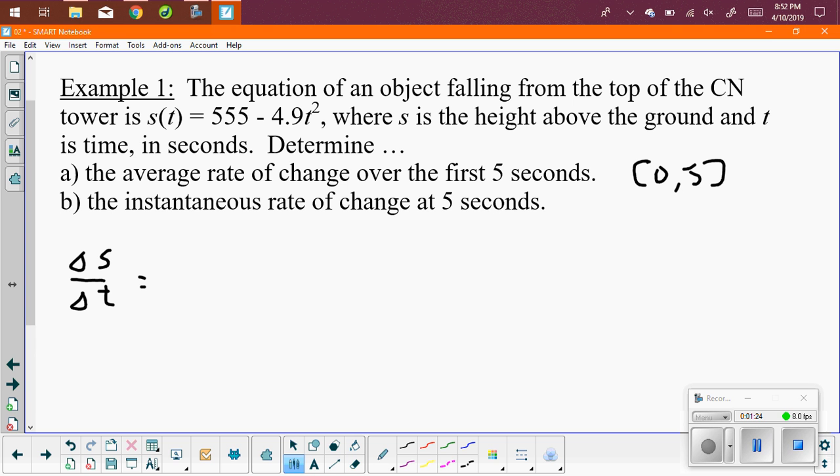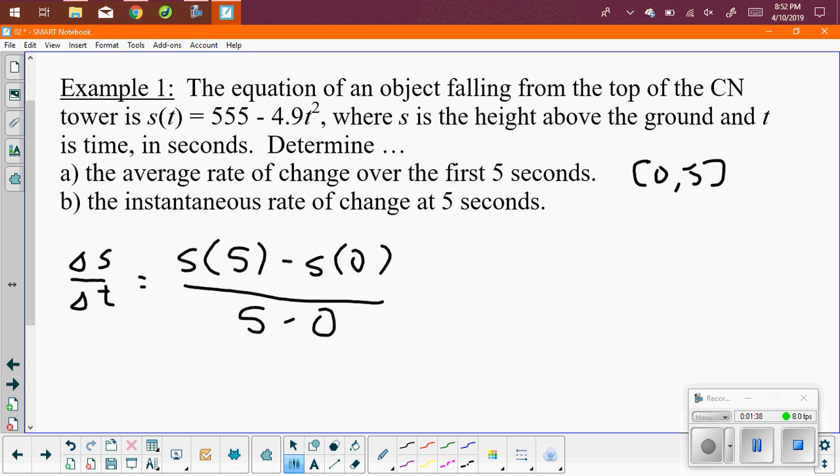Right? It's not a vector, that's an interval there. So that means I need to calculate S of 5 minus S of 0, divided by 5 minus 0, right? Function values at my endpoints divided by the change in the x values there. Okay, so let's run each thing through.